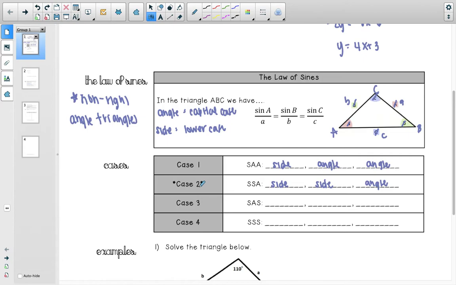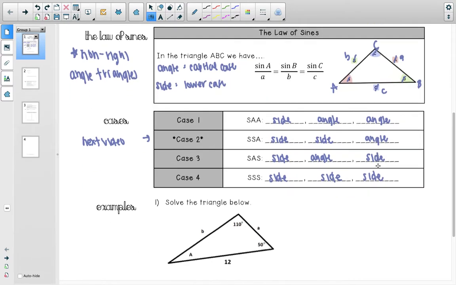That's a special case. We're going to talk about that in the next video. So this is side, angle, side. We're just going to review this type of information and what this means. And obviously it's side, side, side. So that's just saying what kind of information you get to be able to solve the triangle.